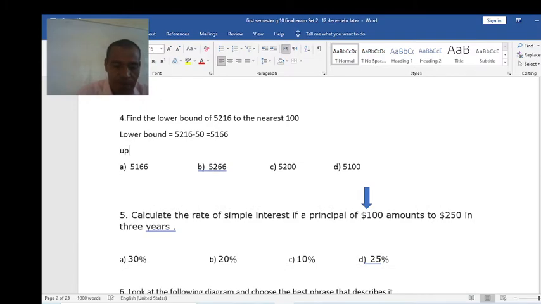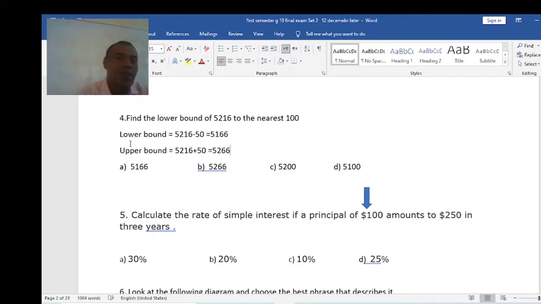The upper bound, learners, you will just add 50 to this number: 5,216 plus 50, which is equal to 5,266.